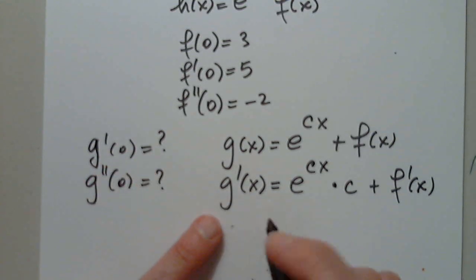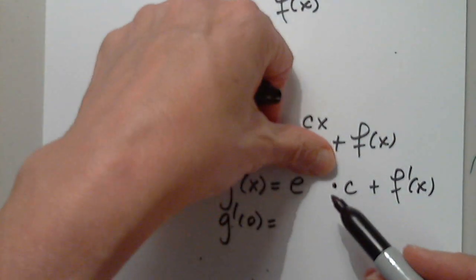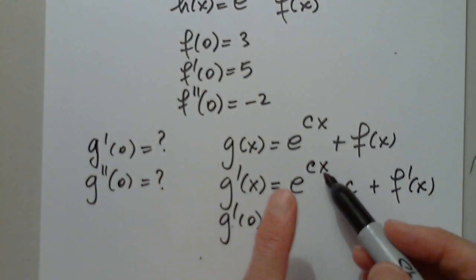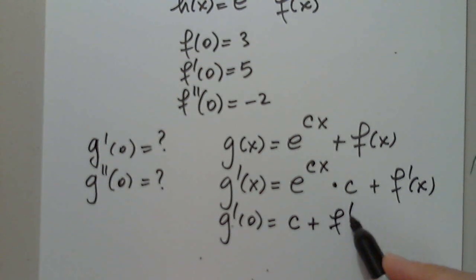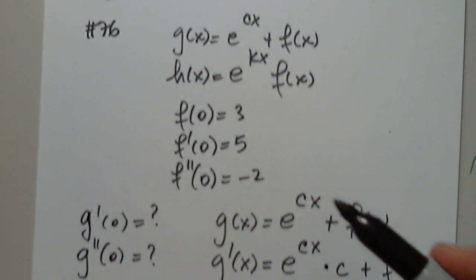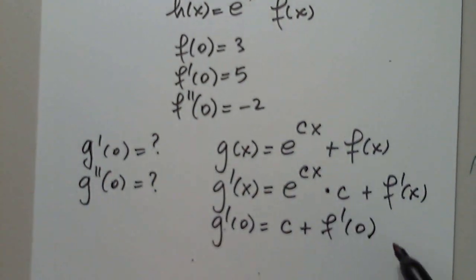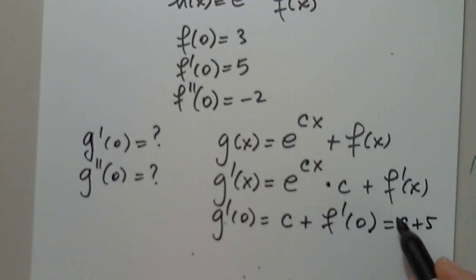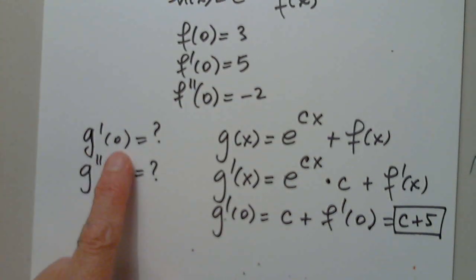Now they want us to find g prime of 0. How much is e to 0? 1. Exactly. So this is c plus f prime of 0. But they're giving us that f prime of 0 is 5. So therefore the answer is c plus 5 for the first derivative of g evaluated at 0.